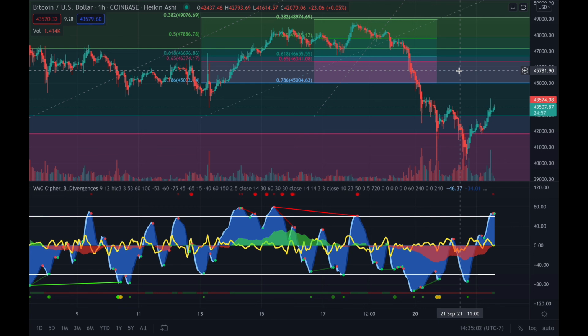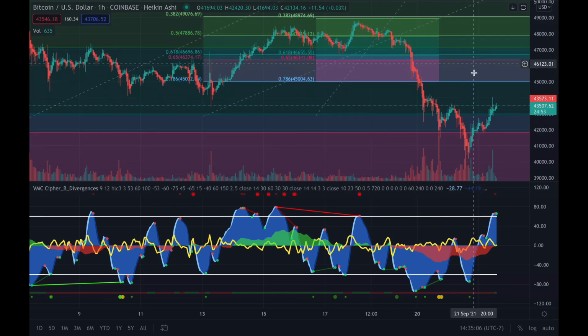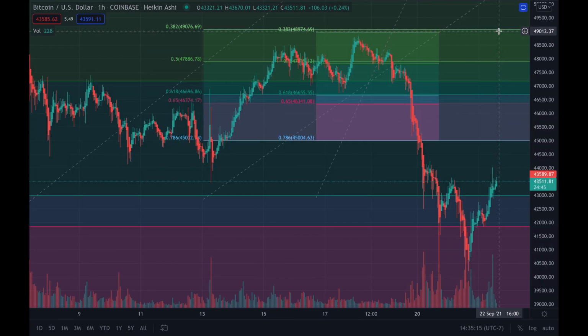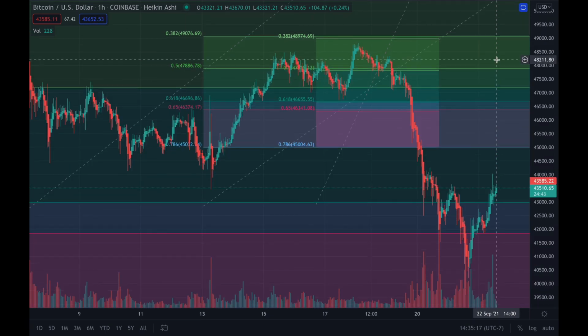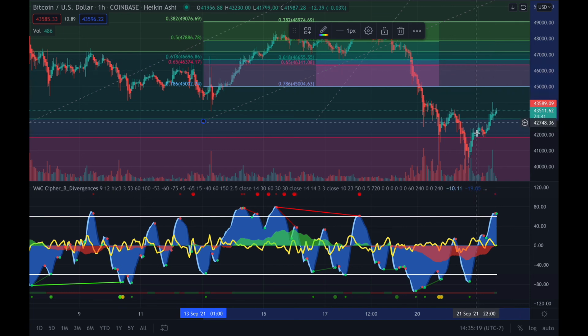I think it was this one. I'm going to go with this one. See, it's funny because when I grab these things, I never mean to. Whatever. Anyways, I'm going to have to redraw my fibs. This came down and it touched a fib line. It must have been this box. I got to move it back down. Anyways, and then it printed that dot and you're like, hey, here we go.